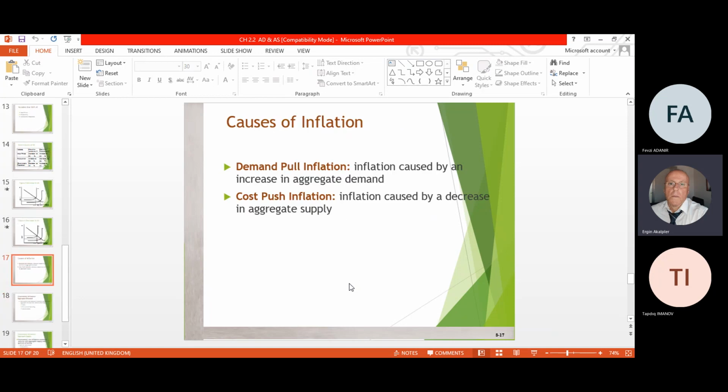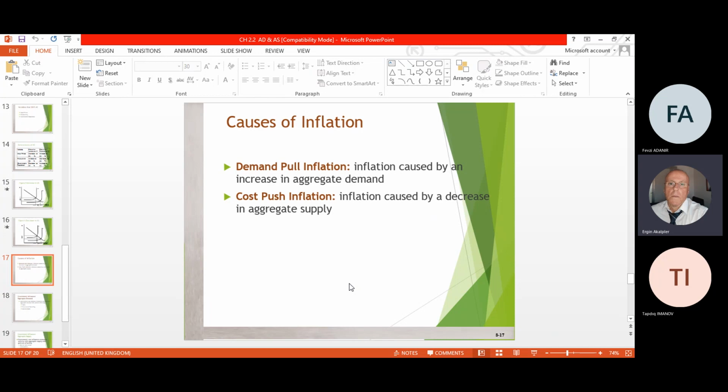And when we look at the causes of inflation, there is demand pull inflation and cost push inflation. Demand pull inflation is the inflation caused by an increase in the aggregate demand, which I mentioned to you. It is because demand capacity enlarges and increases, because people want to buy more, but the available goods and services are not sufficient.